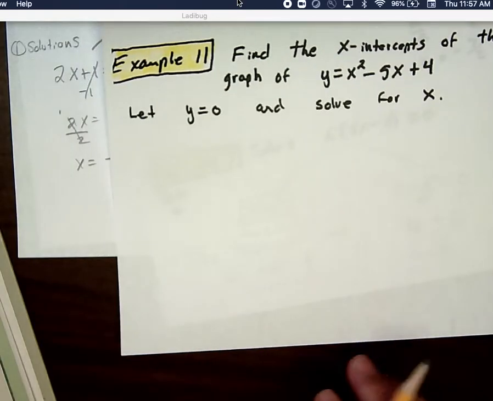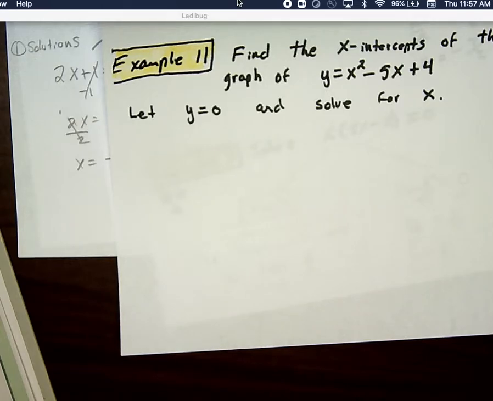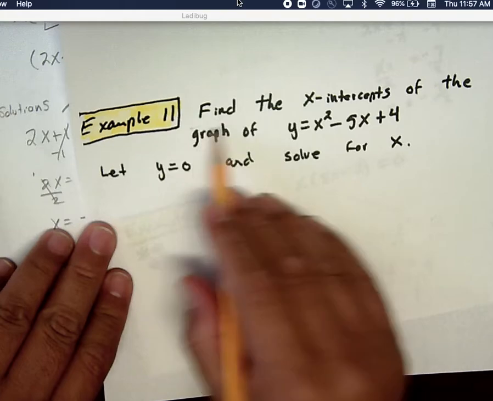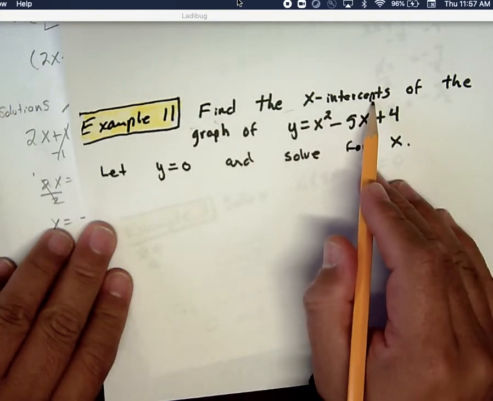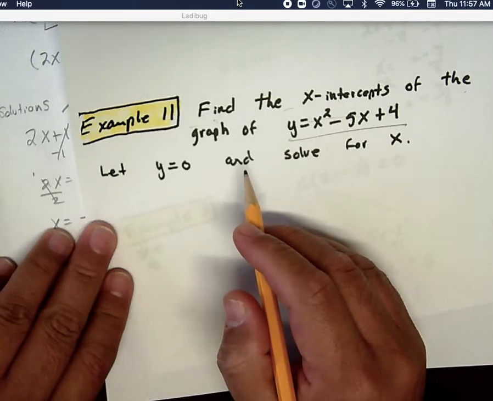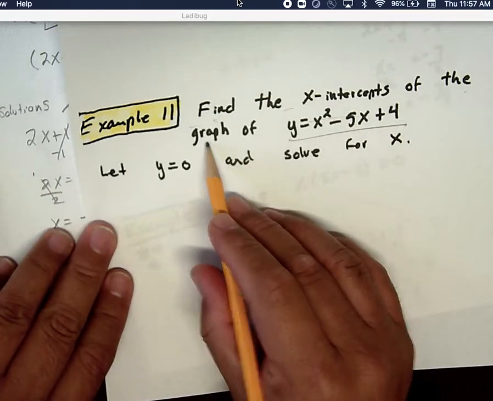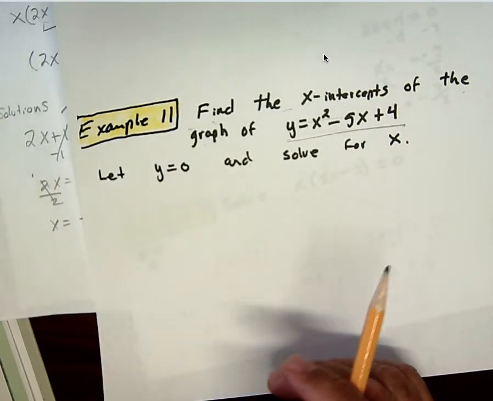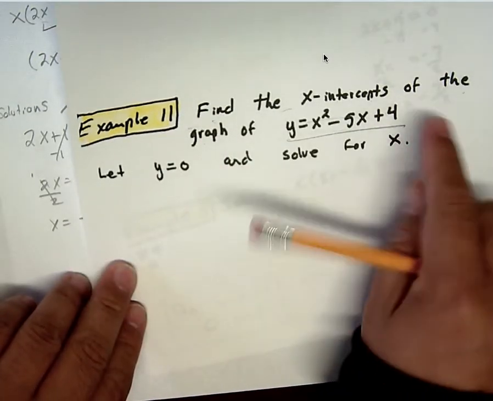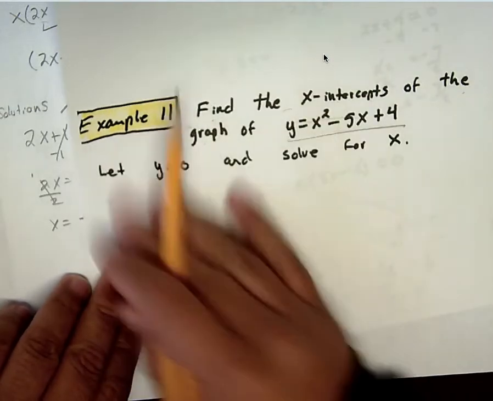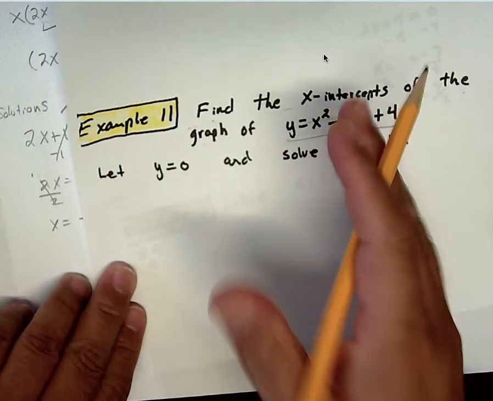And then 11. 11 is really easy. So for 11, the only thing that changes is they're going to ask you differently, like find the x-intercepts of the graph. We don't have a graph, but you don't need the graph. Remember it's like finding the solutions.